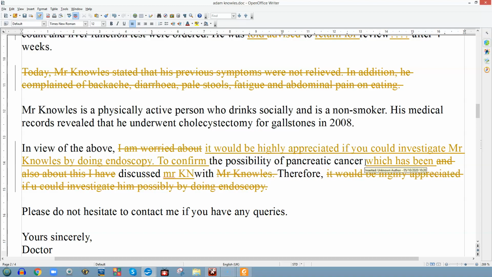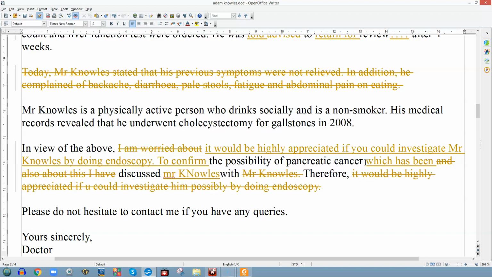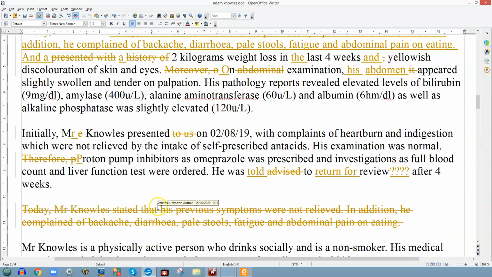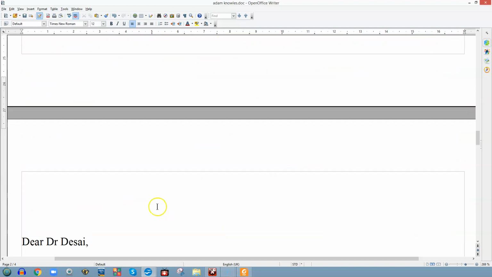I'm not typing it all out, so it's easy for me to drag and drop. It's a bit of a mess, but I'm sure you get the general idea. She could do it like that. So, highly appreciated, investigate, to confirm, and so on. Okay, so not too bad. Just a few things that we could change in the organisation, I think.